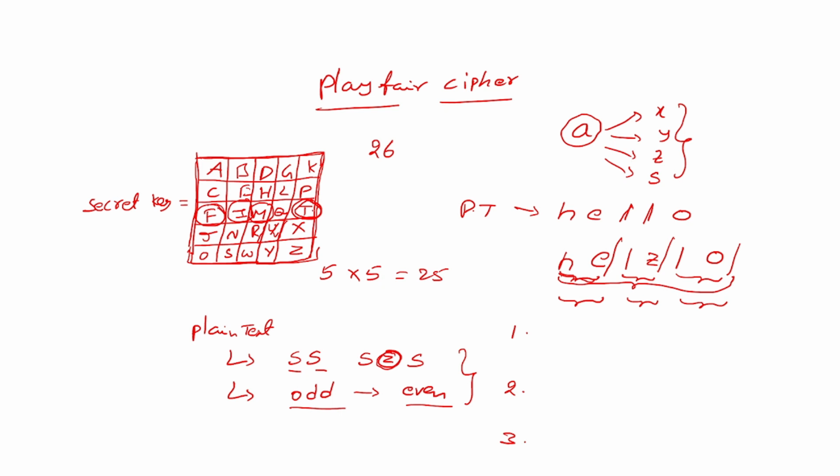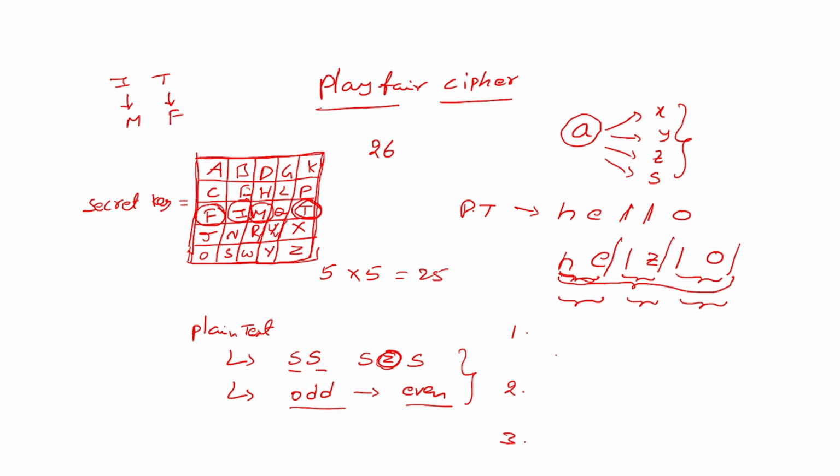So if the two characters are I and T, in the place of I we take M, and in place of T we take F. That is the first rule.